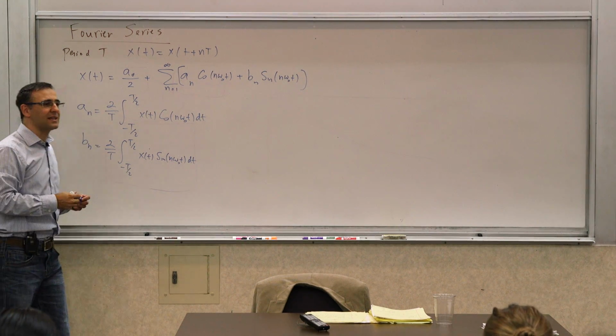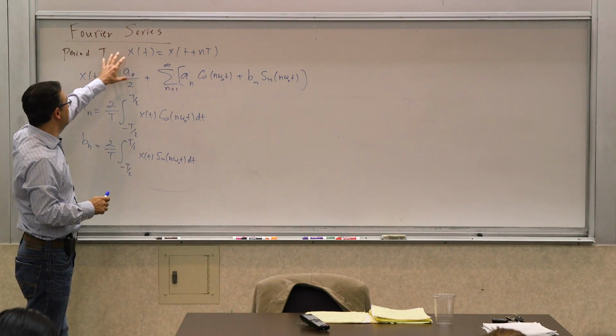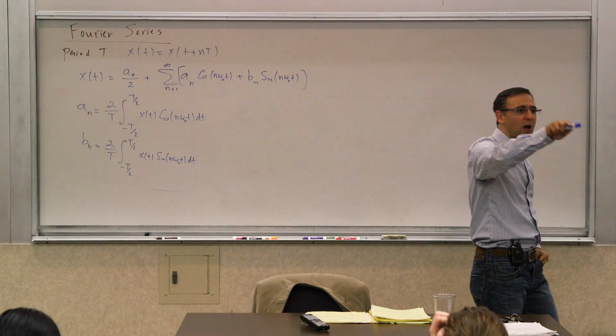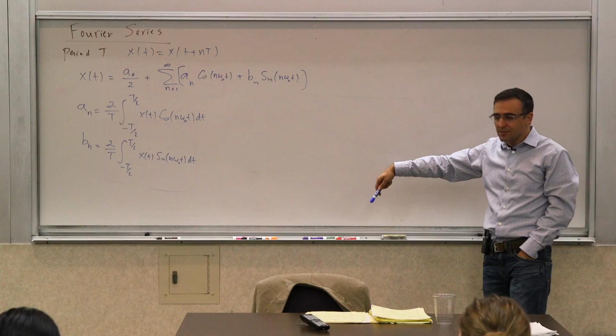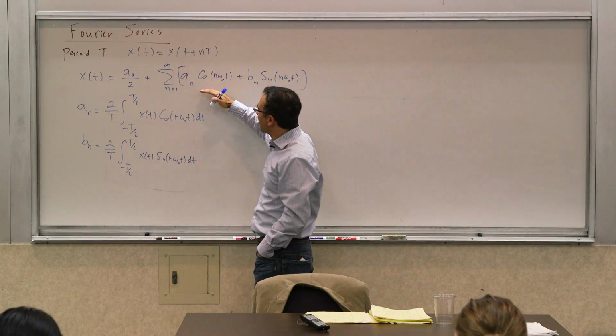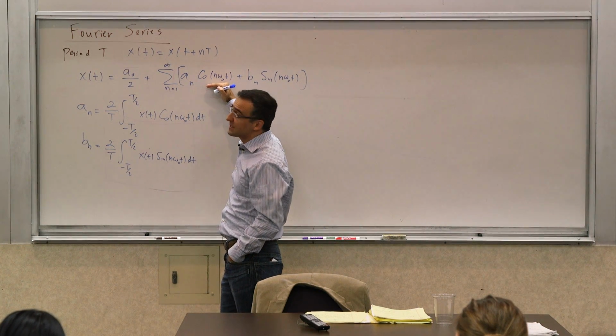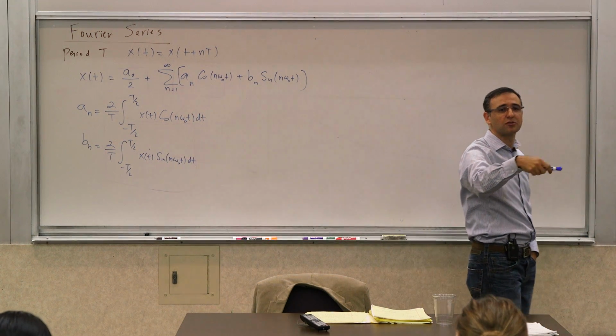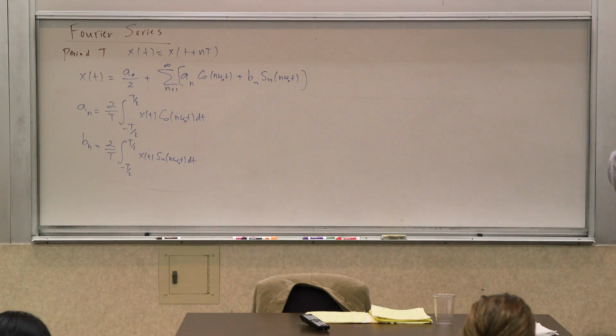Another way to think about it, if you want to talk a little more mathematically, is that the space of these periodic waveforms can be spanned and described with these basis functions. The cosines and sines are basis functions for that space. So you can write any element in that vector space as the weighted sum of these things.